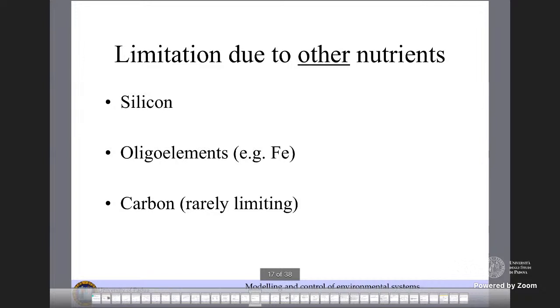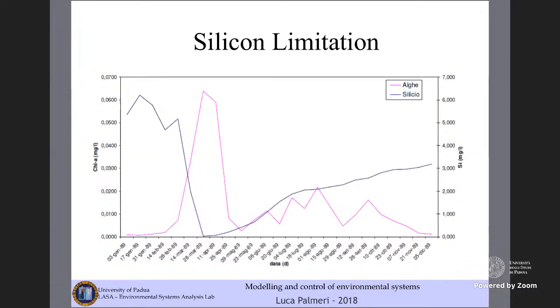It is clear, for example, if we look at this data, these are again experimental data in which we are comparing the quantity of algae, this is the violet curve, with the availability of silicon or silicates. We have the first bloom of chlorophyll A in spring. Then chlorophyll A starts to decrease, meaning that the algae are dying.